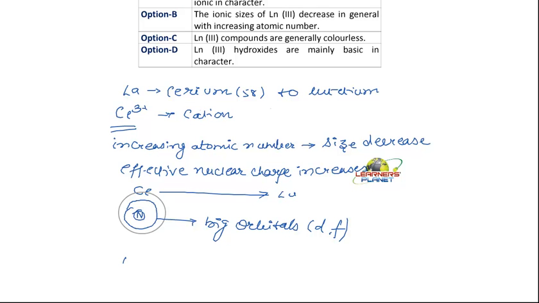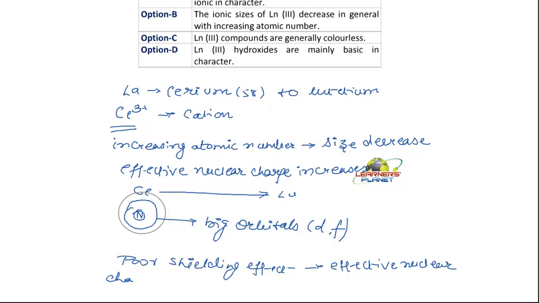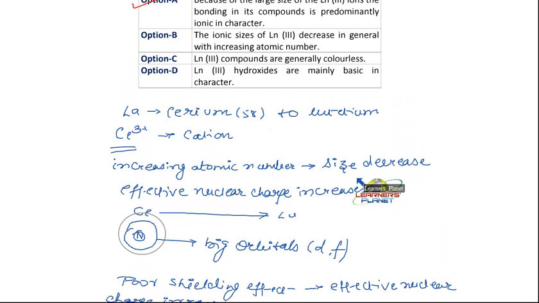So these big orbitals have got poor shielding effect, and due to this poor shielding effect, what happens? The effective nuclear charge increases. And due to this, what happens? The size of the ion decreases. So this is also the correct option.